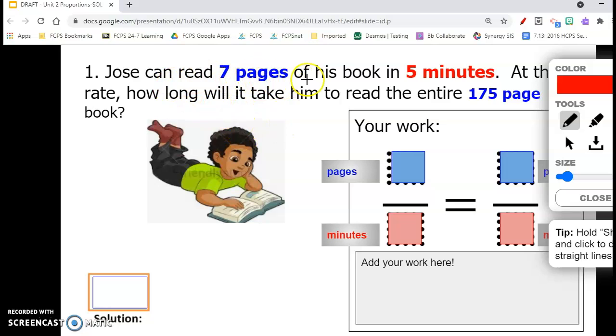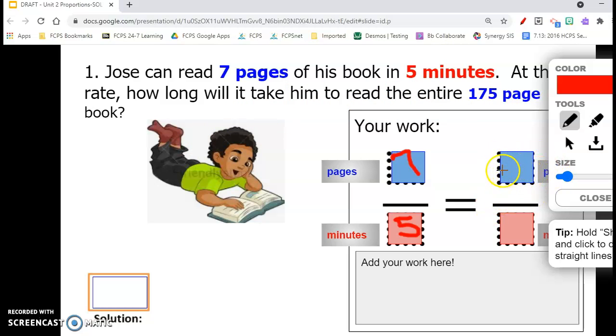Jose can read 7 pages of his book, so we're just going to write that in this fraction, in our proportion. 7, and we say that he reads it in 5 minutes. So our units on the top are pages, and everything on the bottom is minutes.